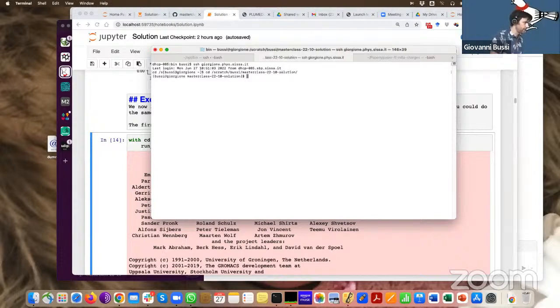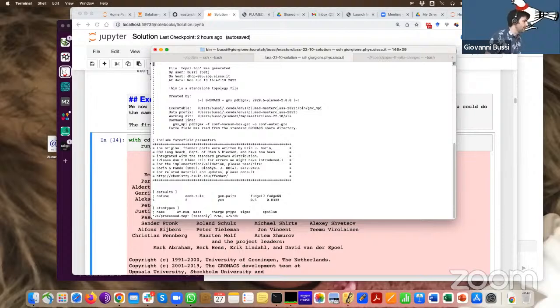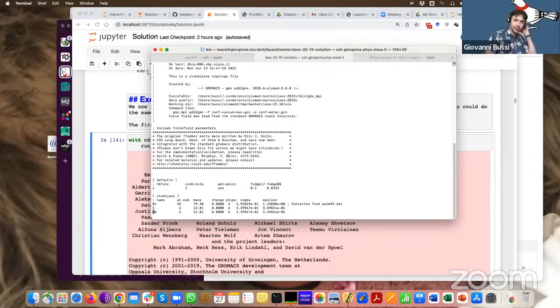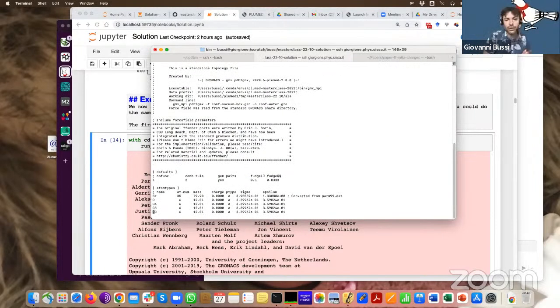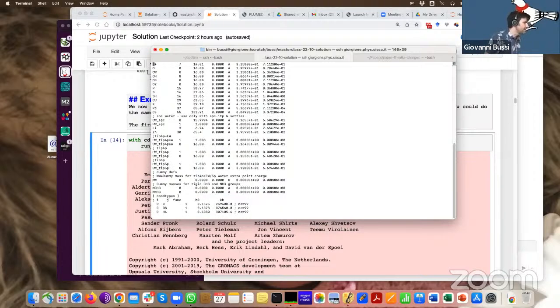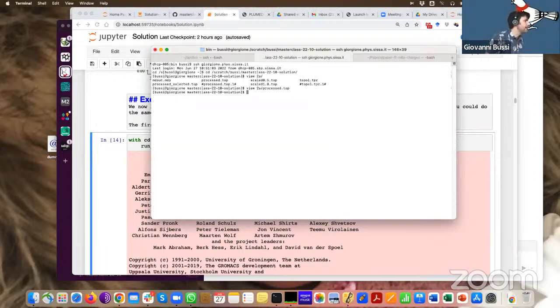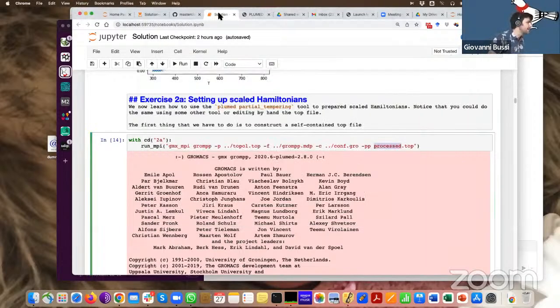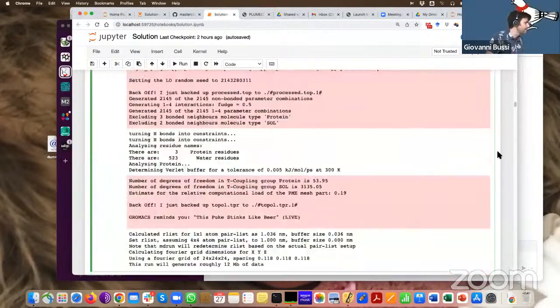In the 2A solution, there is processed.top. The difference is that this processed.top file contains all the force field parameters. It contains all the Lennard-Jones parameters for atom types, even atom types that were not relevant for this specific simulation. You see here, this is self-contained. And then my awk script can, based on that, reconstruct all the terms in the potential energy.